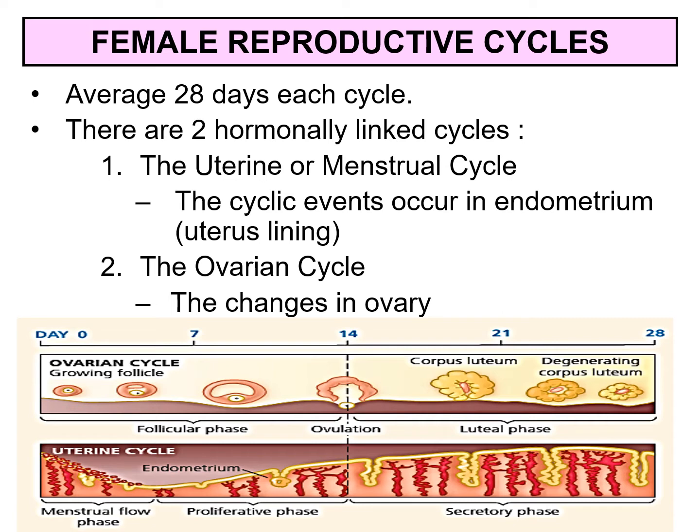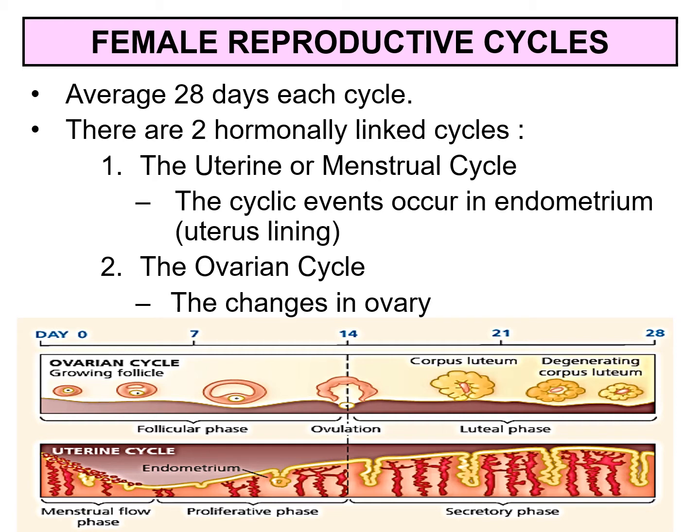Some people might have less than 28 days, such as 25 or 24, or some females might have extended days, more than 28, maybe 30 days for each cycle. But more or less, in your syllabus, we are going to explain based on 28 days.